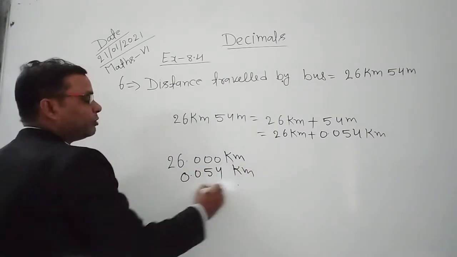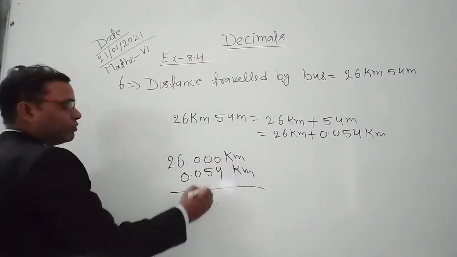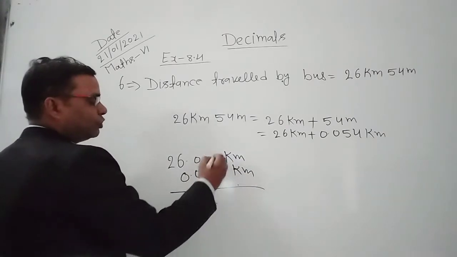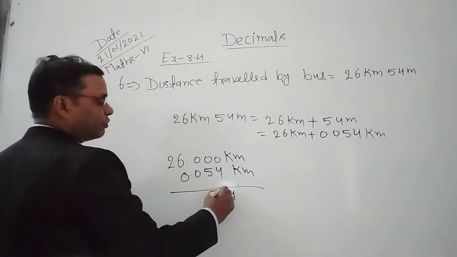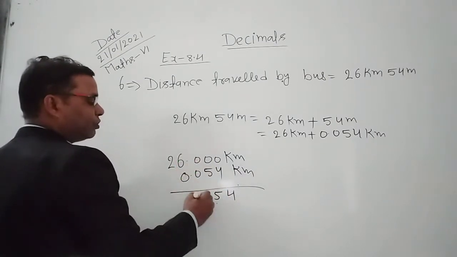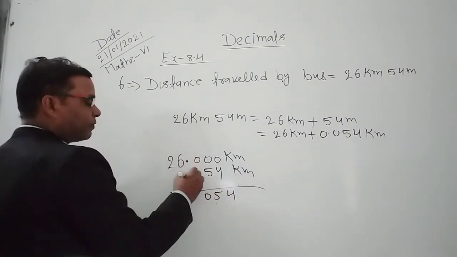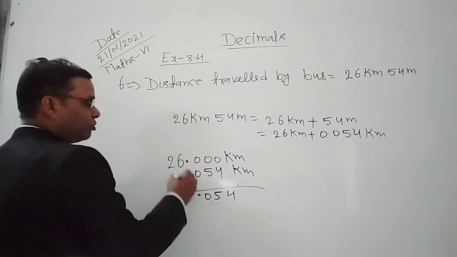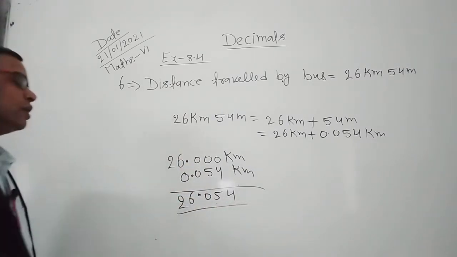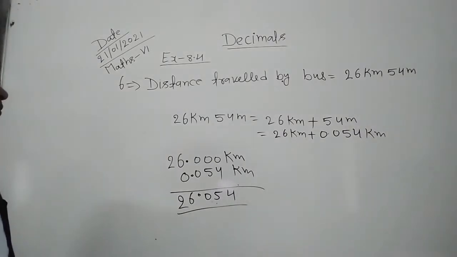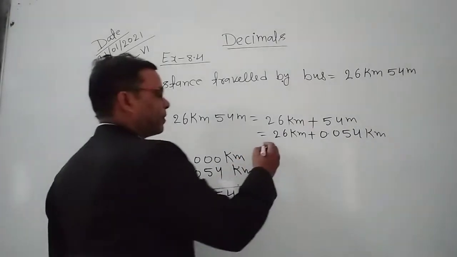This is also in kilometer. You can add them, then you get 4 plus 0 is 4, 5 plus 0 is 5, 0 plus 0 is 0, and below the decimal, 6 plus 0 is 6, and 2. 26.054 kilometers.